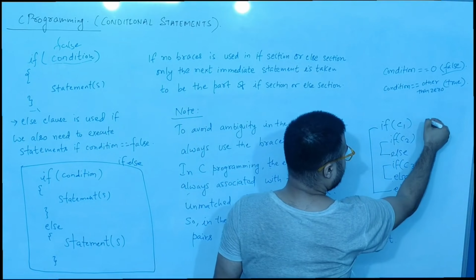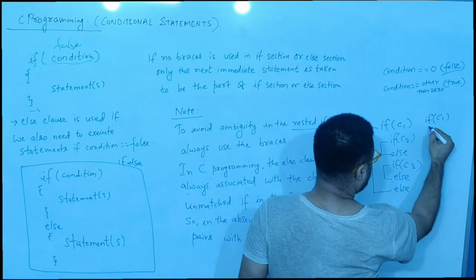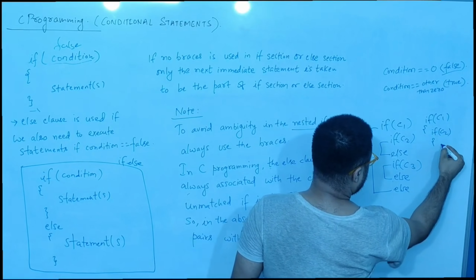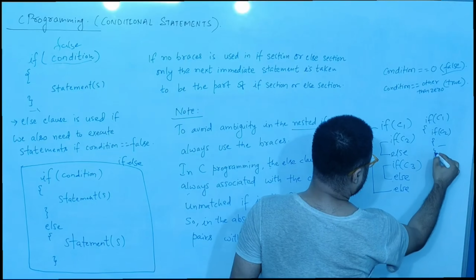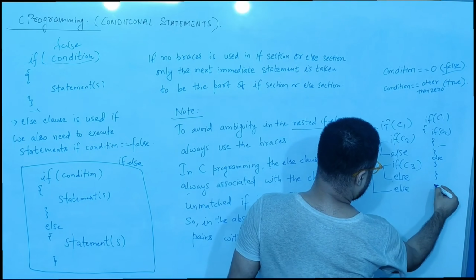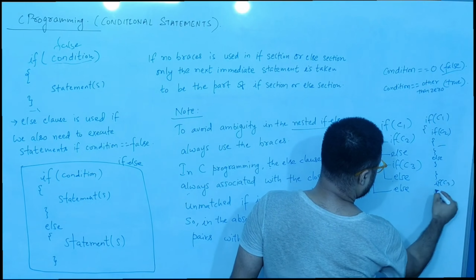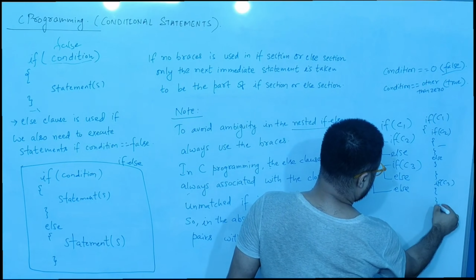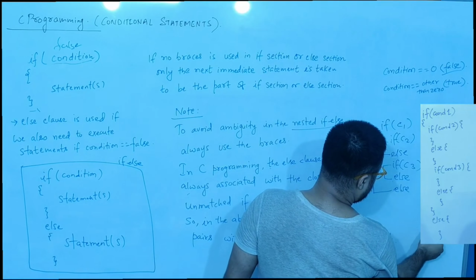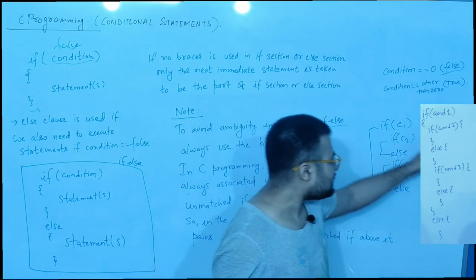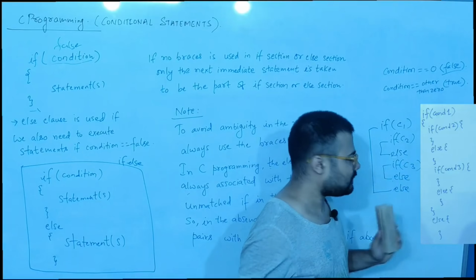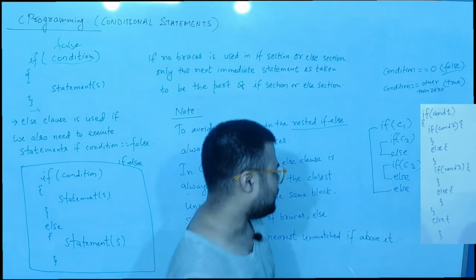So it's better to write it like this: if C1, if C2, and then whatever it is, then else, and then if C3, else. When you use proper indentation and proper bracing, the ambiguity does not remain.